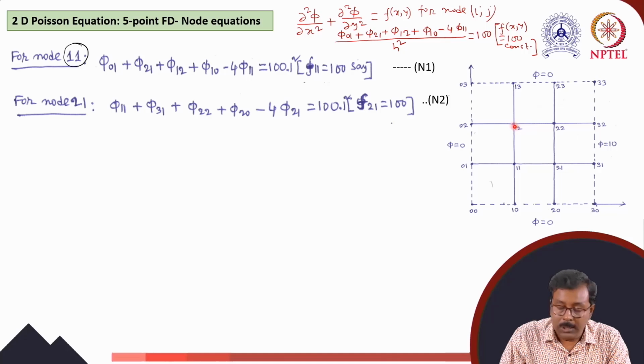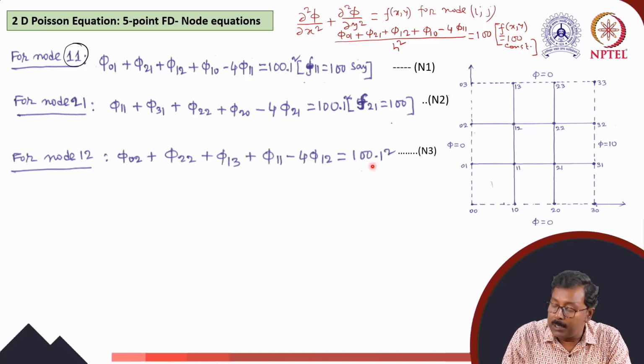Similarly for the 1 2 node, this will be phi 0 2 plus phi 2 2 plus phi 1 3 plus phi 1 1 minus 4 times phi 1 2 is equal to 100 into 1 square. This is equation number n3.